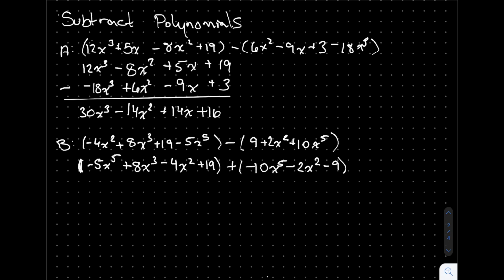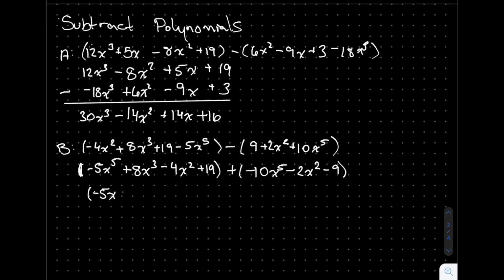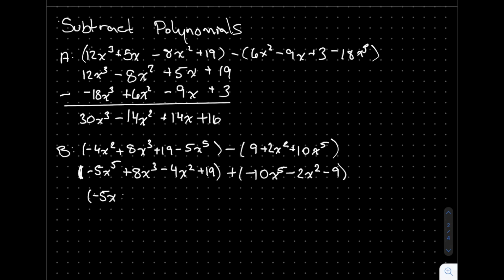And then we'll identify our like terms, we'll group them. So negative 5x to the fifth and negative 10x to the fifth are like terms. So negative 5x to the fifth minus 10x to the fifth. Plus 8x cubed doesn't have any like terms.